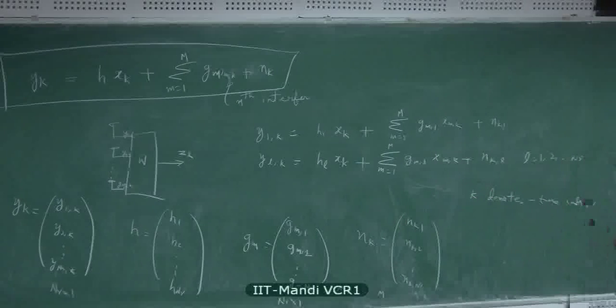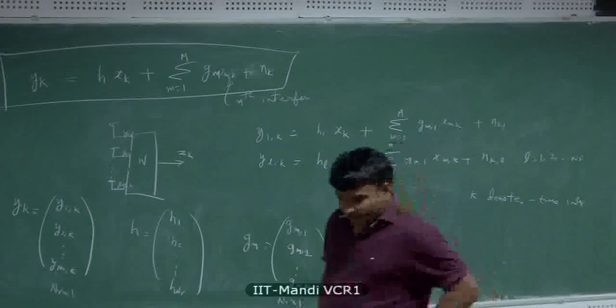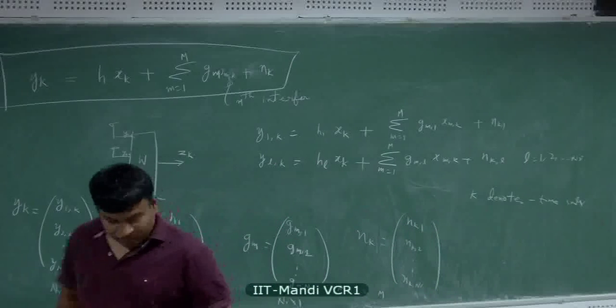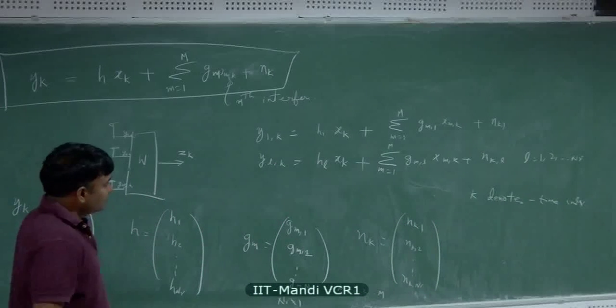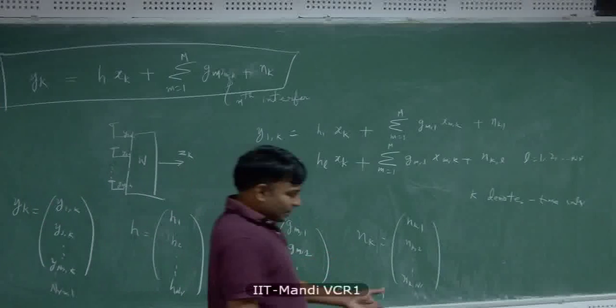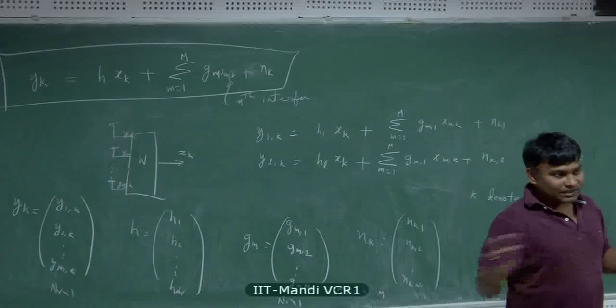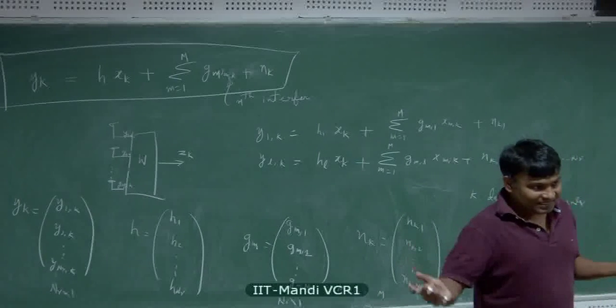But of course, there are a lot of limitations on how to place these antennas, whether rich scattering exists or not. If there is no rich scattering, what do you do? There are a lot of other things, but let's look at this simple framework for the time being. The good thing about this is that there is no feedback from receiver to transmitter. It's all open loop: you transmit, you receive, and you separate the signals.